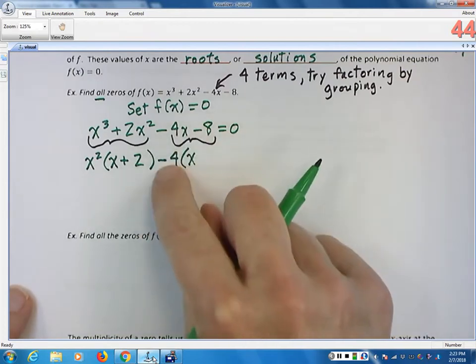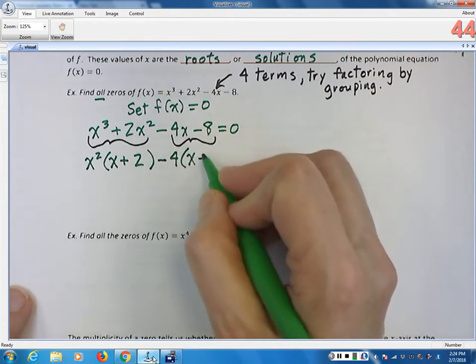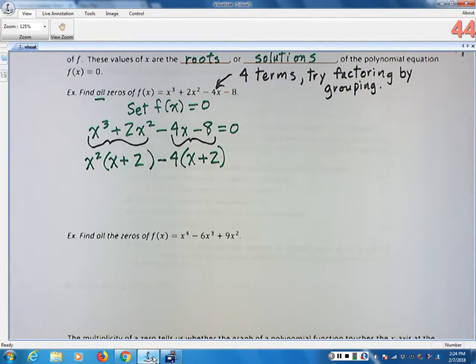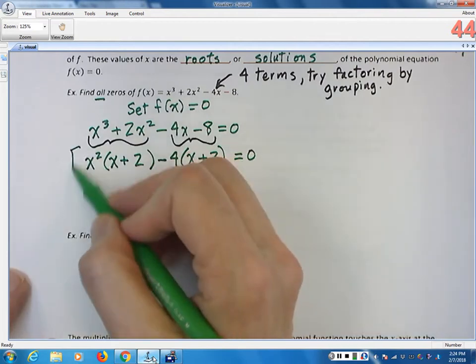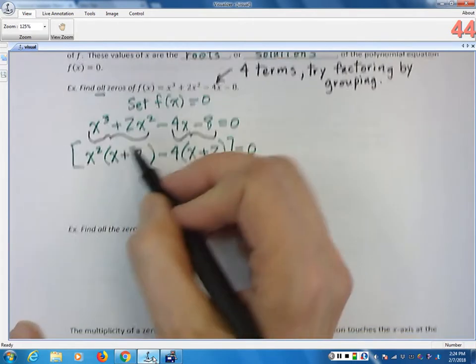What times negative 4 equals negative 8? Plus 2. And this is still set to 0. Okay, so these match.